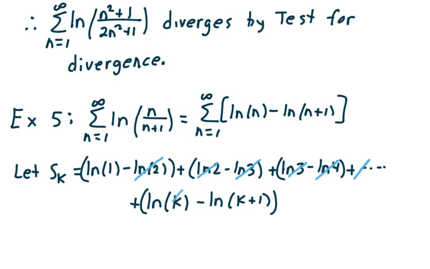And then natural log of k will cancel out the natural log of k that appears in the previous, in other words, when I replace n with k minus 1. So what ends up being left over is equal to, now, natural log of 1 is 0, and then minus natural log of k plus 1.